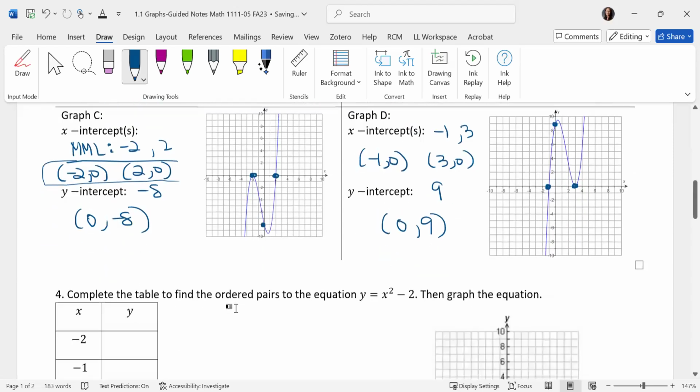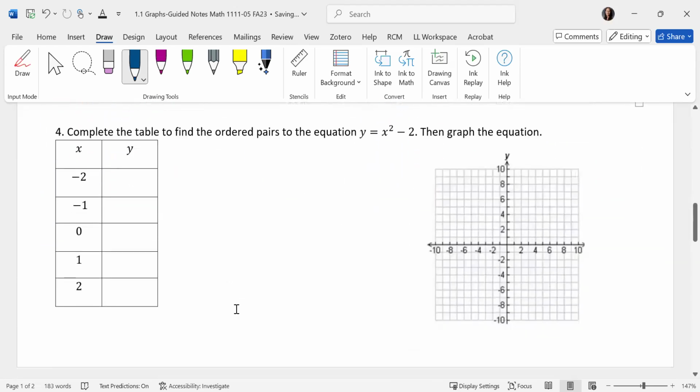Okay, let's move on to number 4. The next thing I'm expecting you to be comfortable with is to graph equations using a table by finding ordered pairs. We are going to graph the equation y = x² - 2 by finding 5 points of that equation.